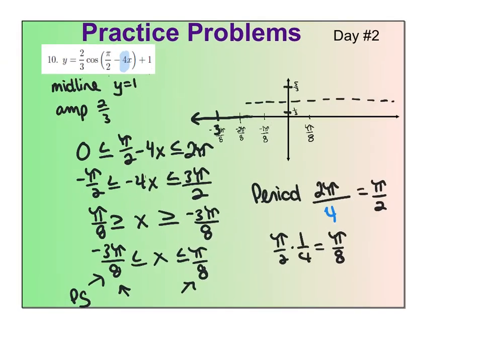Okay, and that's what my inequality said. It said that we were going to start at negative 3 pi over 8, and we should end at pi over 8.